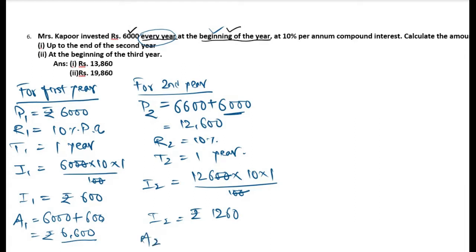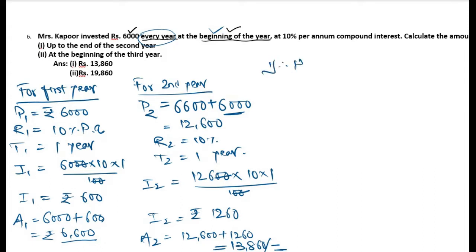So what is the amount at the end of second year? P2, which is 12,600, plus 1260, so that is 13,860. 13,860 rupees only, right? So that is the amount up to the end of second year, you can say. So the first answer we have got.